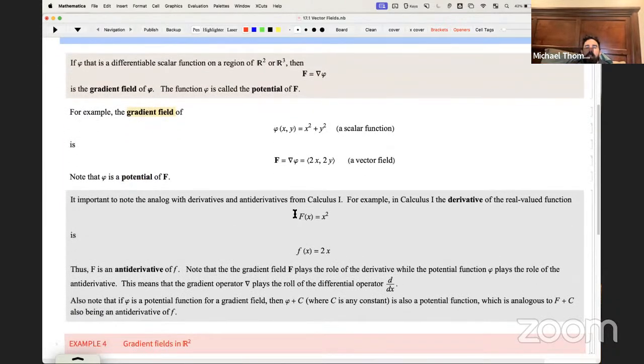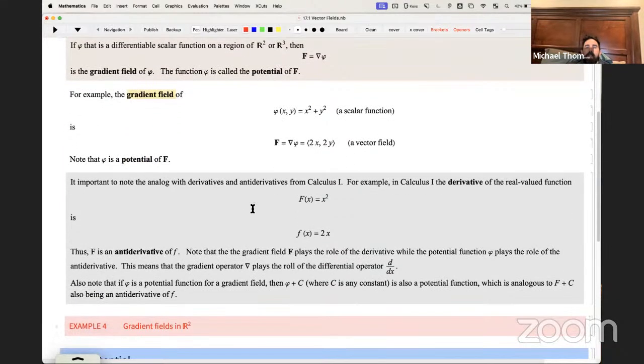So let's go back to Calc 1 just to solidify this a little bit. In Calculus 1, if I gave you a function like that, we'll call it capital F. It has nothing to do with that F, but we'll just call it capital F. If you differentiate it, the derivative of this guy would be 2x. It's also a function. Both of these are real valued functions. The antiderivative of little f would be big F, right?